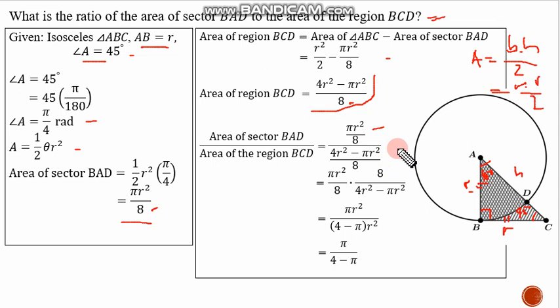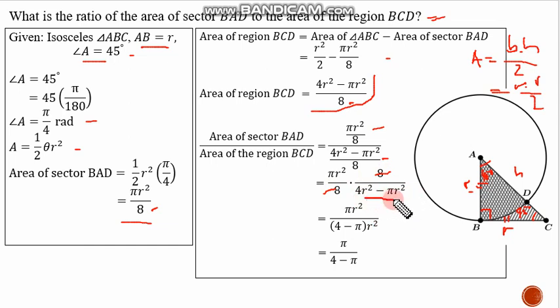Since the numerator is a fraction and the denominator is also a fraction, let's take the reciprocal of the denominator. So pi r squared over 8, times the reciprocal of the denominator, 8 over 4r squared minus pi r squared, and that's multiplication. So we can cancel 8 here. So that's pi r squared over 4r squared minus pi r squared.